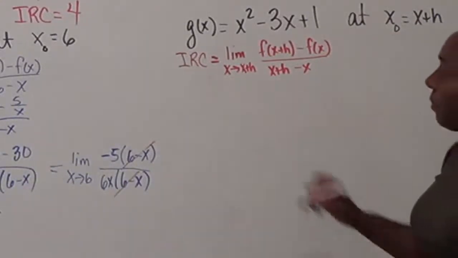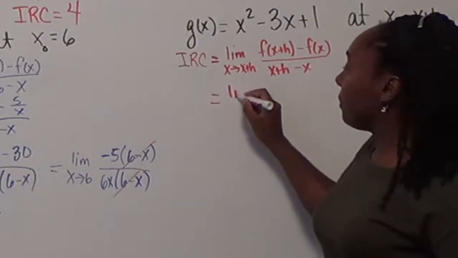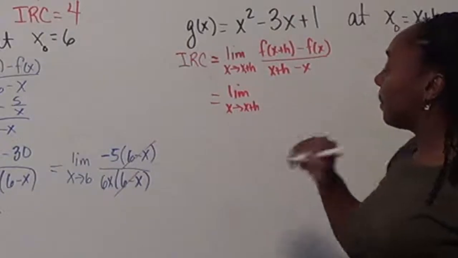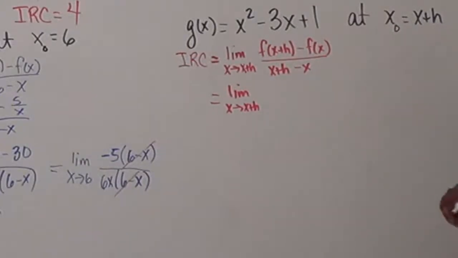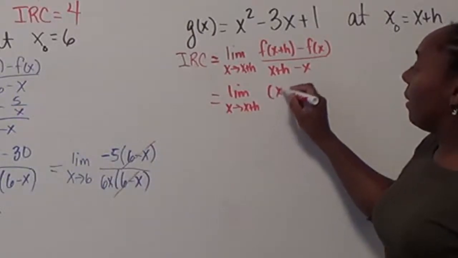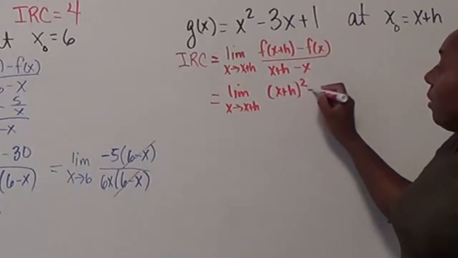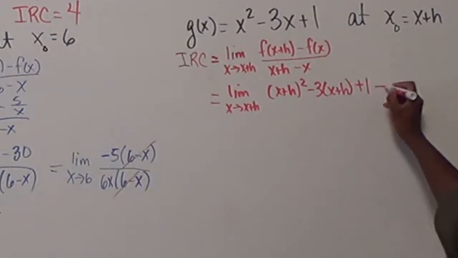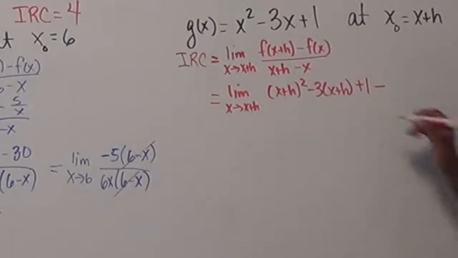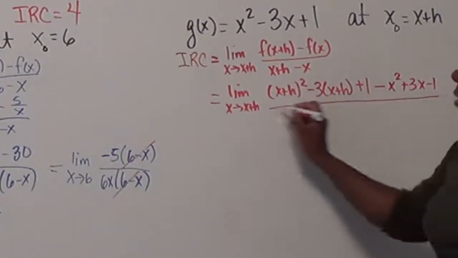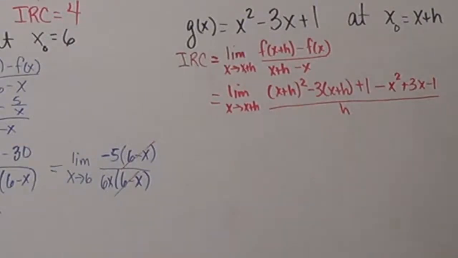Okay. Plugging in, so as x goes to this x plus h, f of x plus h looks like x plus h squared minus 3 times x plus h plus 1 minus our f of x. Again, don't forget to distribute your minus sign here. All over h.